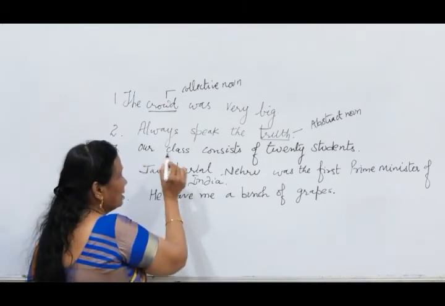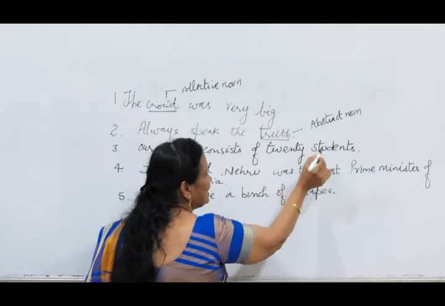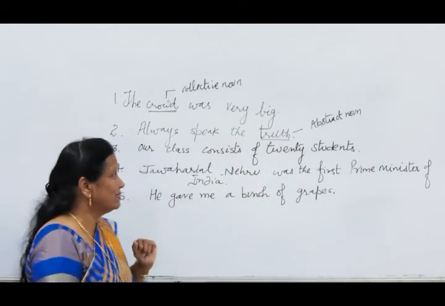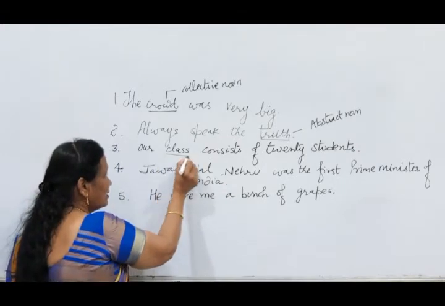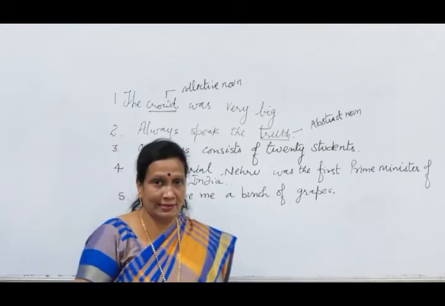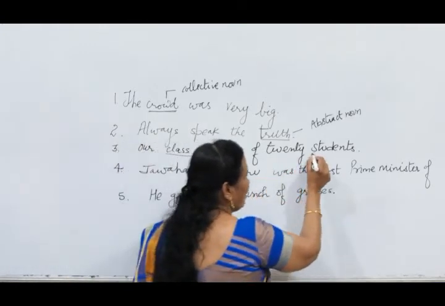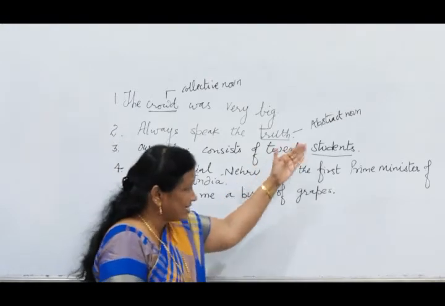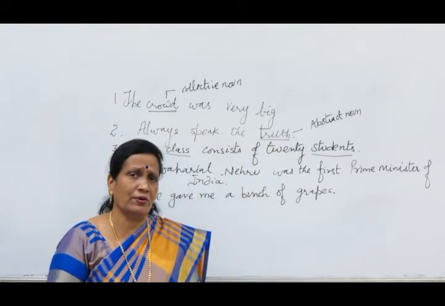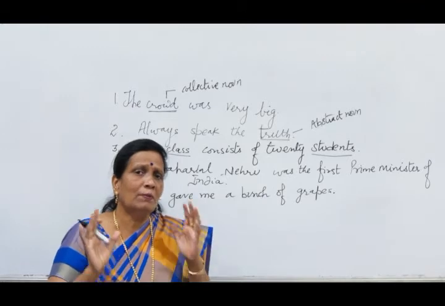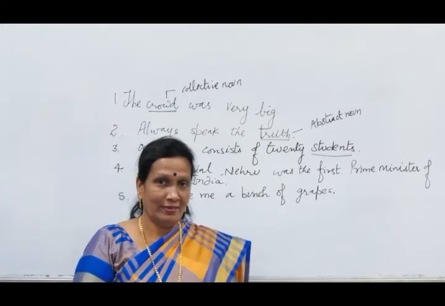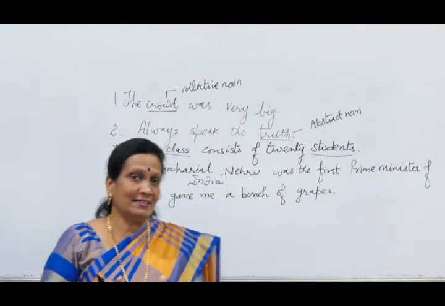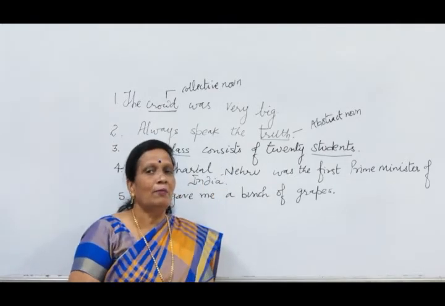Now, our class consists of 20 students. I hope you can identify the nouns in this sentence. Children, here we have a noun, class, and also we have students. When we say students, what type of noun is it children? We are not talking about a particular student. Rohit is a good student. So when we say that, then it becomes a proper noun.